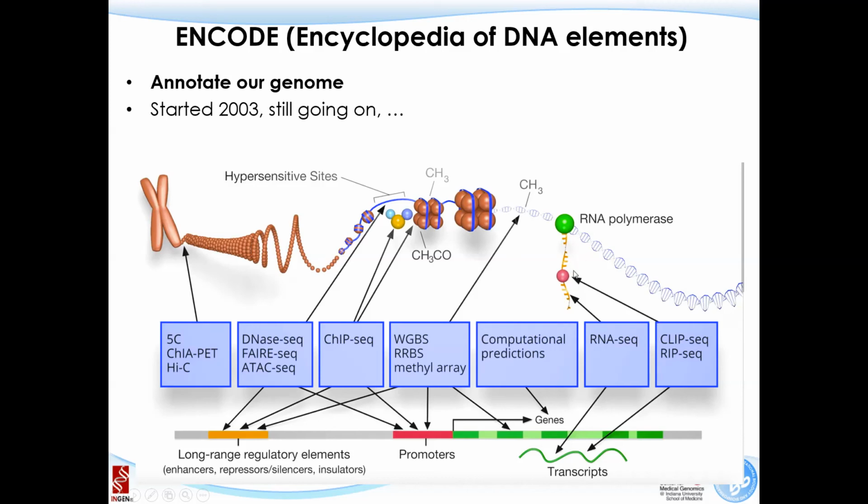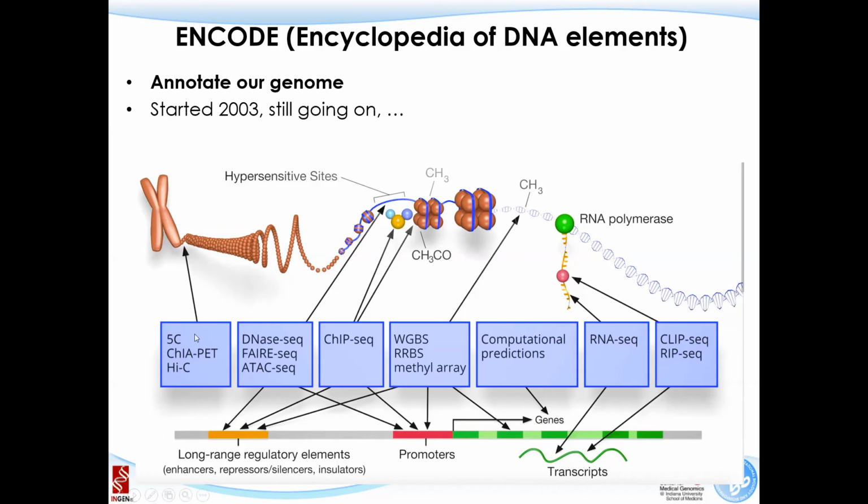So the ENCODE project is trying to figure out the different levels of regulation, how to read this DNA book. It started in 2003, initially focusing primarily on microarray data analysis. In the very first phase, they picked 1% of the human genome to try to understand. Later, because of technology development, they focused on the entire genome.